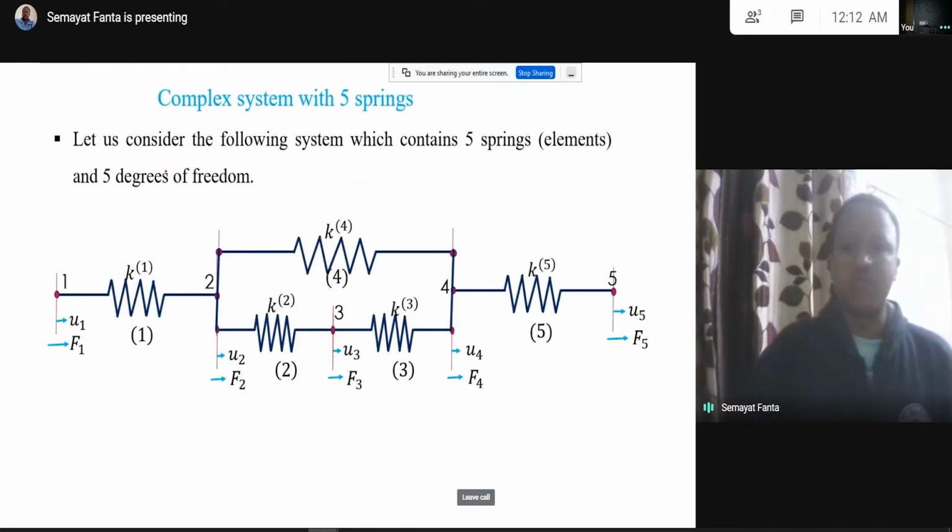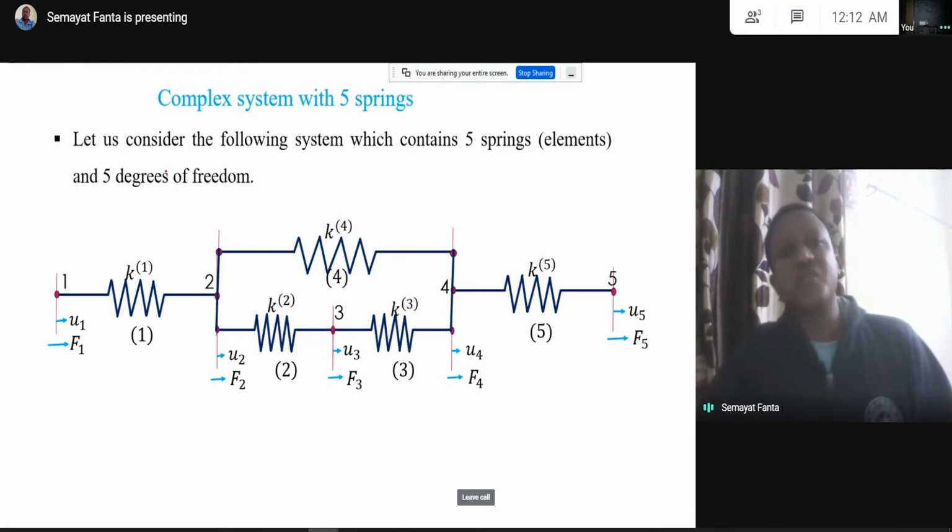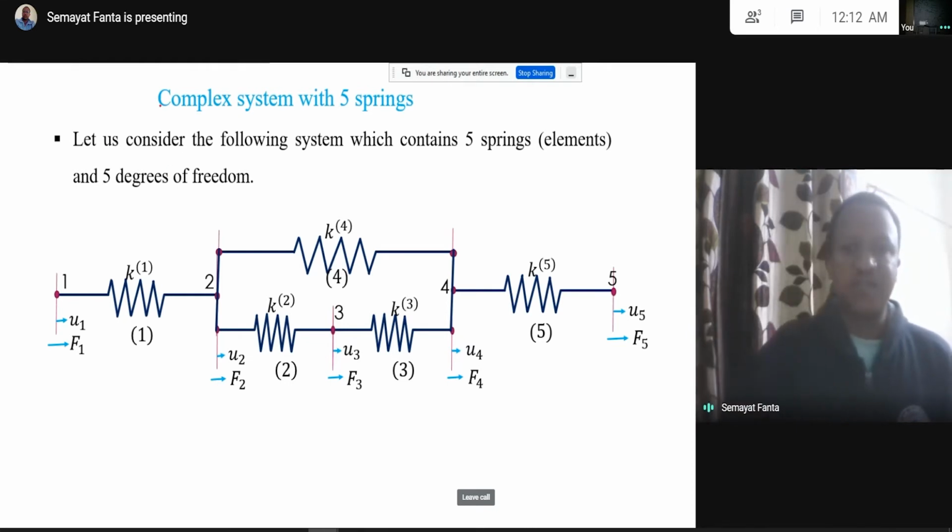So let's see some complex systems consisting of more than 2 springs. For example, in this case, we have 5 springs. For 5 springs, how can we model it? This is node 1, this is node 2. Again, there is another node here, node 3, node 4, and node 5.